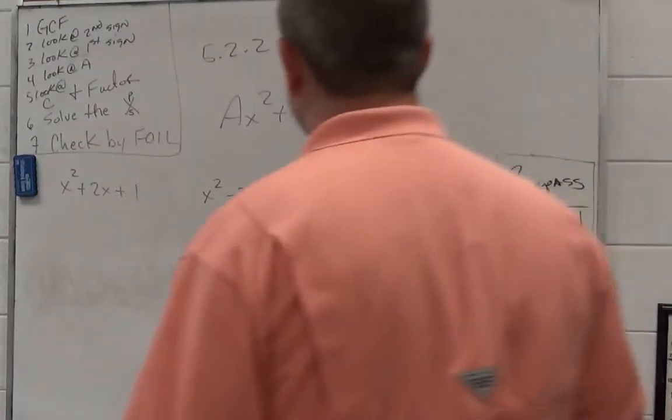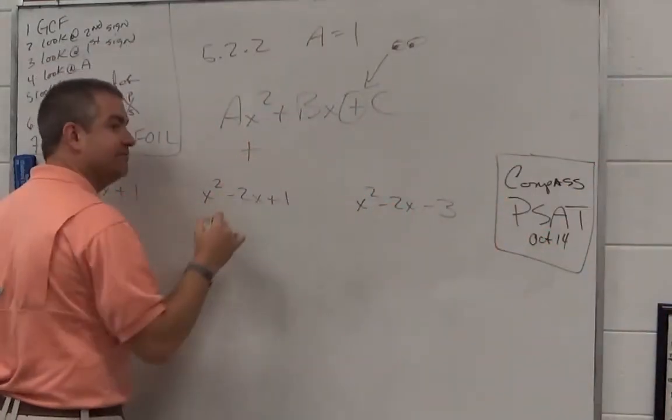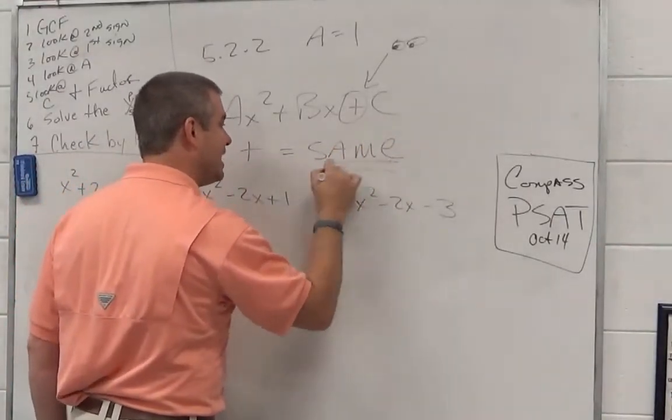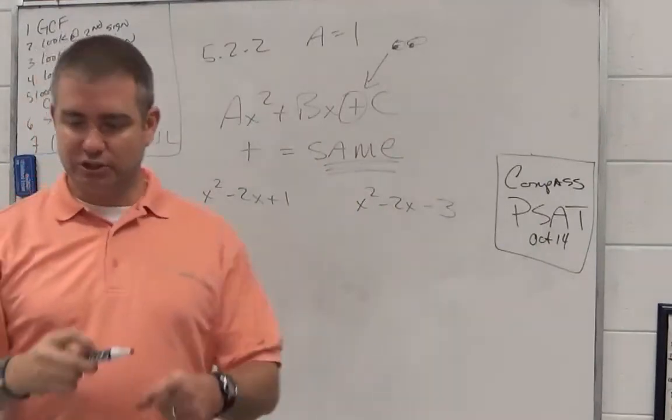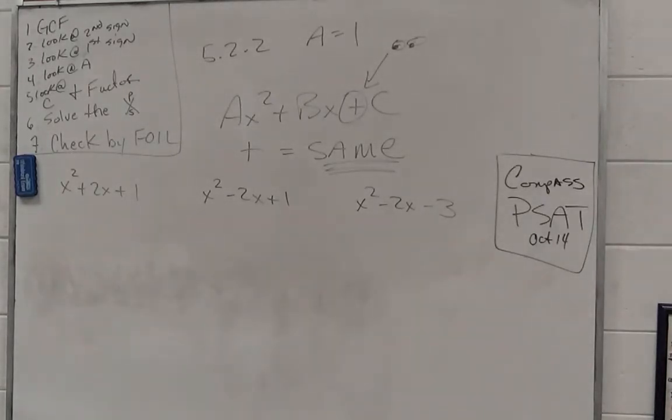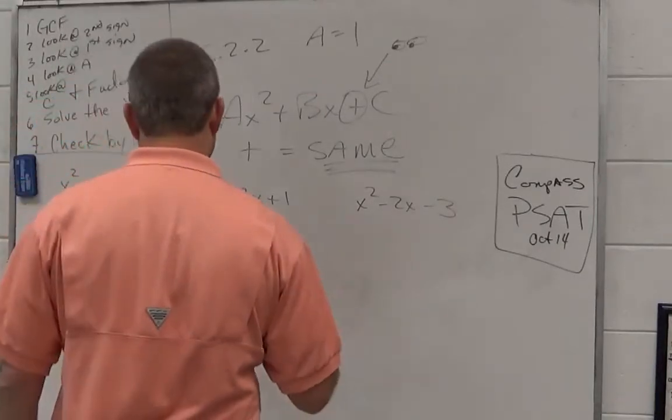If that sign is positive, then that means the 2 symbols are the same. Write that down. The 2 symbols are the same. What does same mean? They are both positive or they are what? Both negative. They are alike. You have 2 parentheses and they are the same.